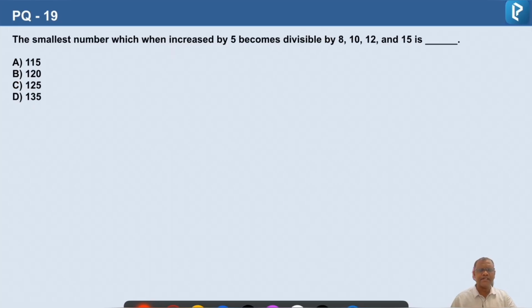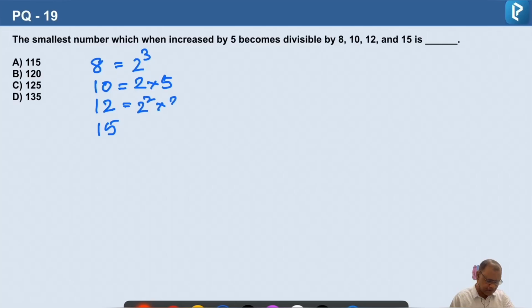Question number 19. The smallest number which when increased by 5 becomes divisible by 8, 10, 12 and 15. So here also we have to find the LCM for all these 4 numbers, 8, 10, 12 and 15. There are no factors and multiples here, so directly find the LCM. 8 is 2 cube, 10 is 2 into 5, 12 is 4 into 3 and 15 is 3 into 5.